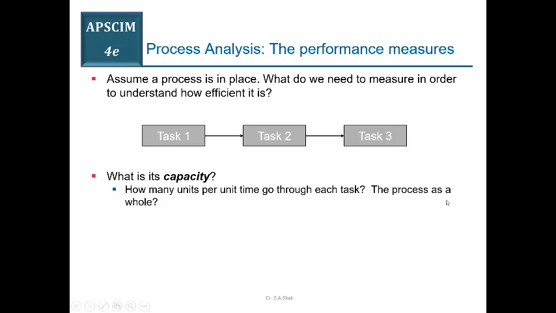So, you have to come up with a figure that will be associated as a whole to that particular system. So you will need to define the production capacity or the production rate of the whole system, and that production rate of the whole system will depend on the individual activities.